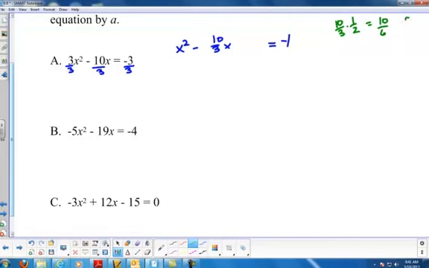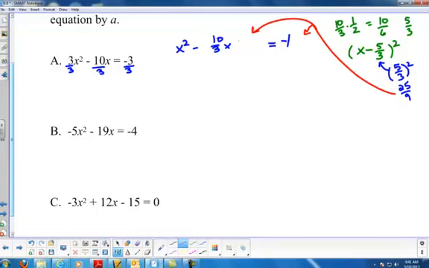That simplifies to 5/3. So our factored form is going to be x minus 5/3 squared. Now, 5/3 squared, that c value is 25 over 9. So that's what we have to add to both sides of the equation here.